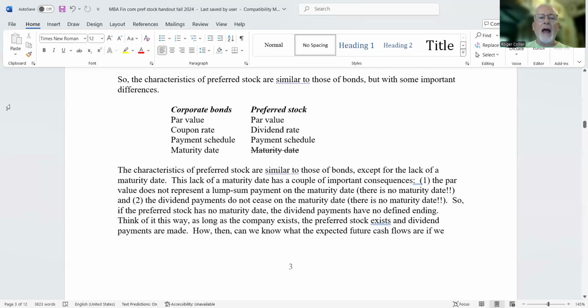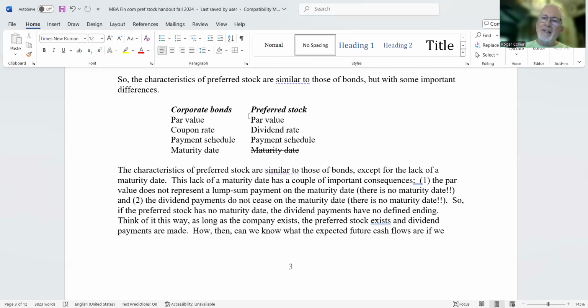And so how did we get around this problem, this characteristic of having no maturity date, of not knowing how long those dividends were going to last? Well, we assumed that they lasted forever.